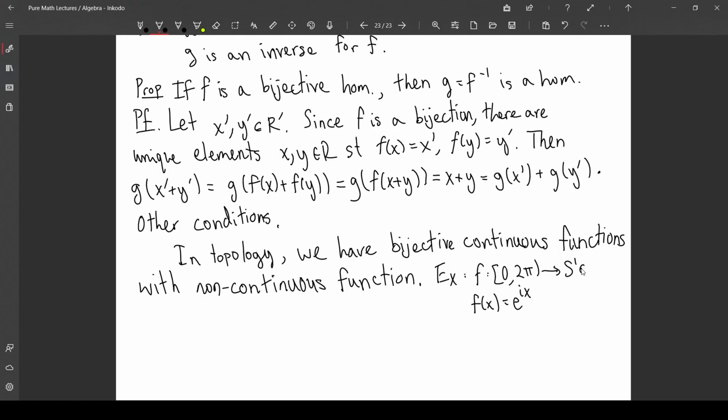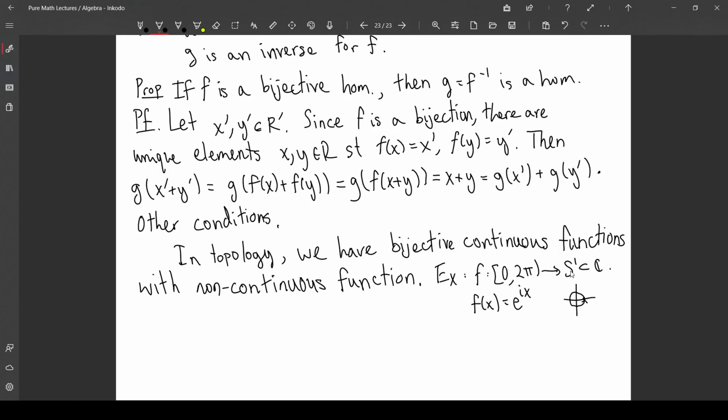So here S1 is considered sitting inside the complex plane, okay? And so what we're doing is we're starting with 0, e to the ix traces around the circle, and then once you get up to 2 pi, you're going to get infinitely close to 1 here, but never exactly reach it.